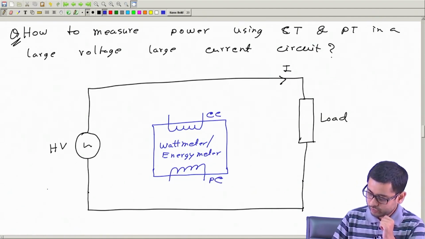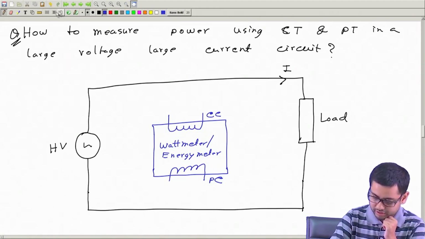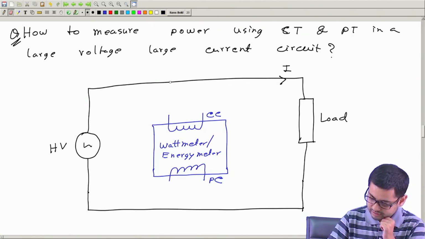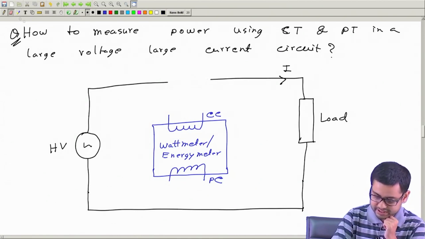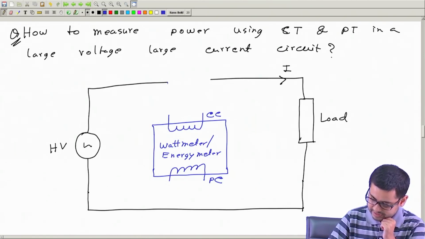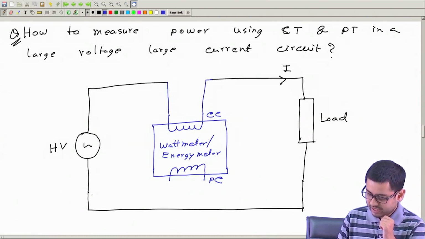Now what we normally do is connect the current coil in series like this, and we connect the voltage coil.